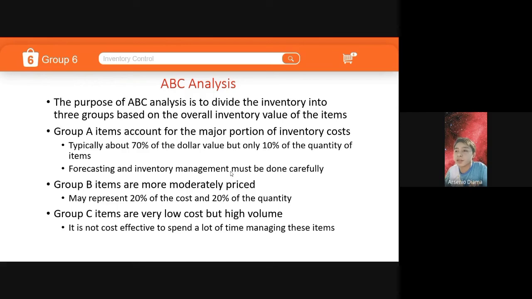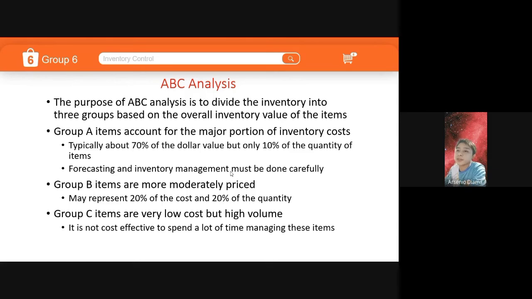Forecasting and inventory management must be done carefully. Group B items are more moderately priced. They may represent 20% of the cost and 20% of the quantity. Group C items are very low cost but high volume. It is not cost effective to spend a lot of time managing these items.